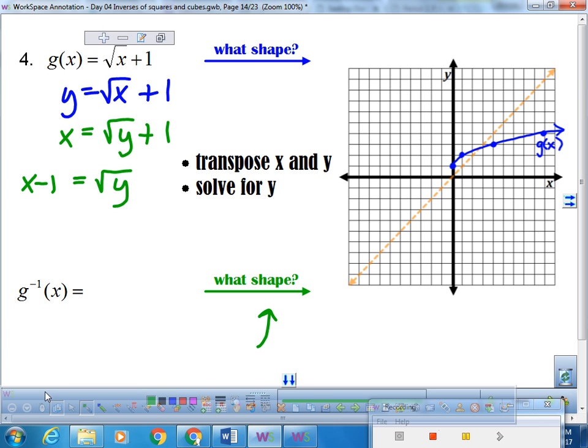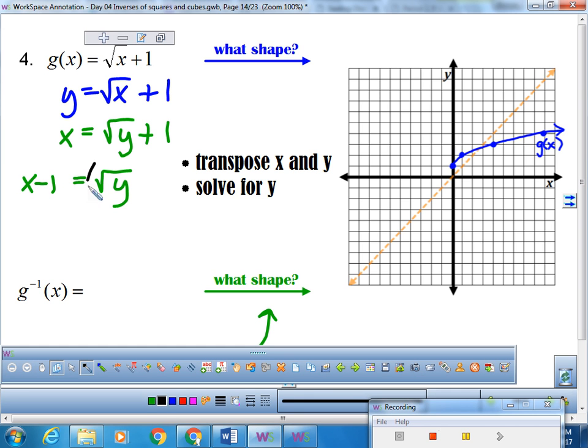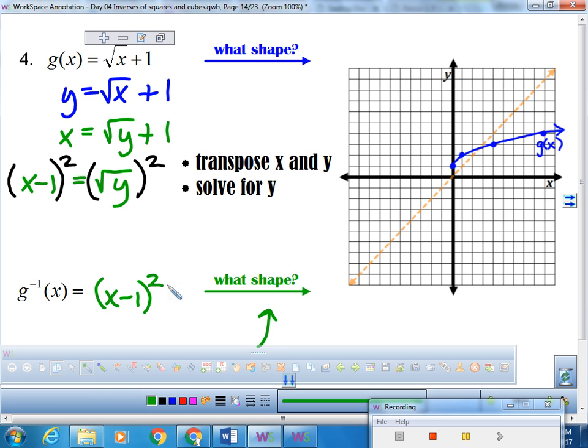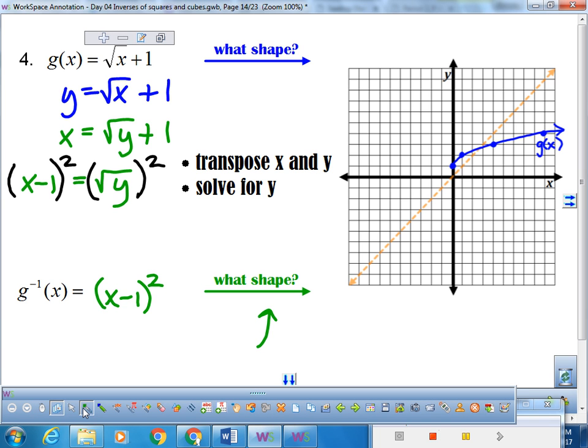I square it, and I get y equals x minus 1 squared. But I'm only going to have half of it. It's not x plus 1, it's just x minus 1 squared, which is x minus 1 times x minus 1.